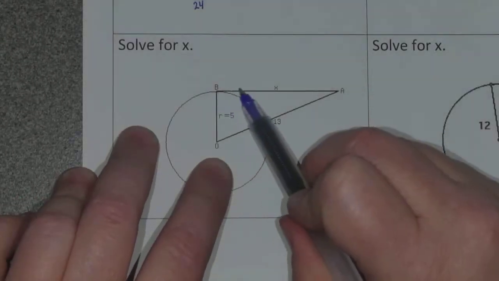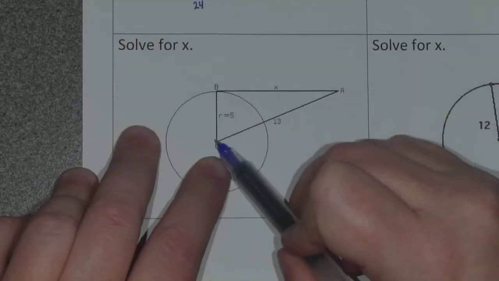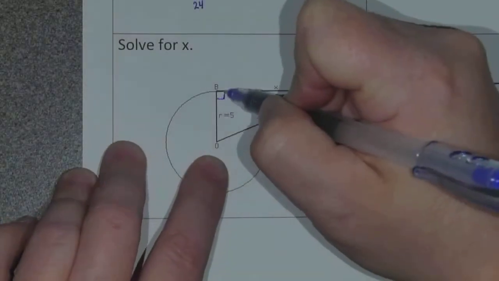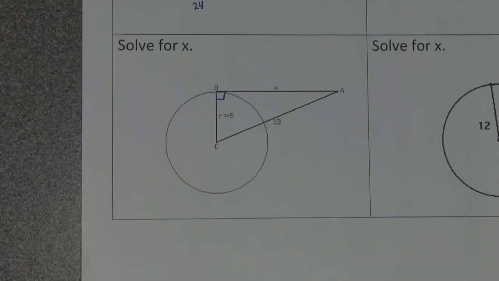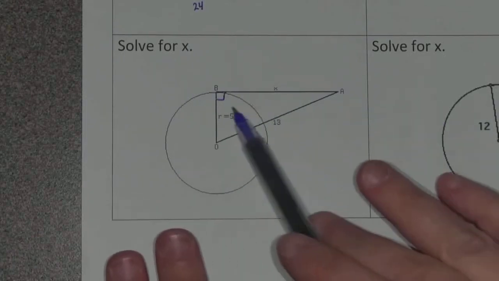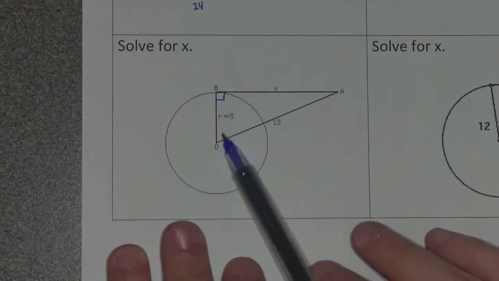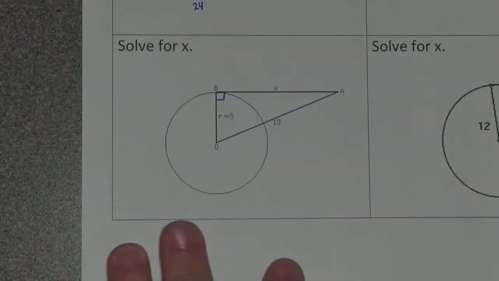So what do we know about this tangent line and the radius? Yeah, they form a right angle together there, right? They're perpendicular to each other. That's really nice to know, because if I'm looking for this length right here, I just made myself a right triangle, which tells me I can use all of the rules of right triangles.